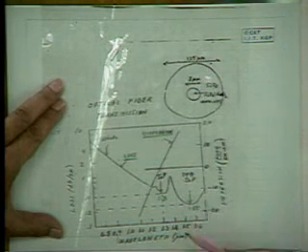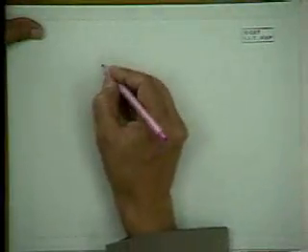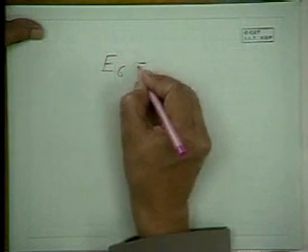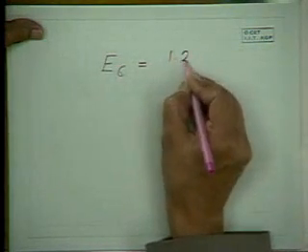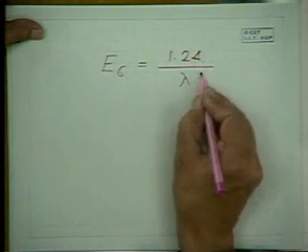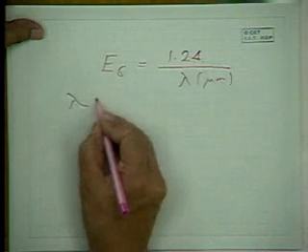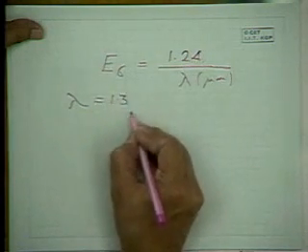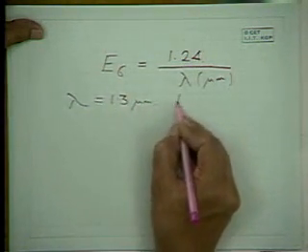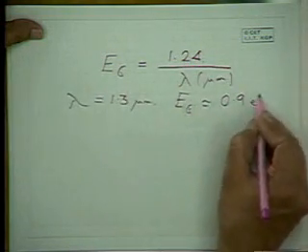So what semiconductors are required? If we go back to our relation, Eg is 1.24 by lambda. If we put lambda is 1.3 microns, we find Eg is about 0.9 eV.